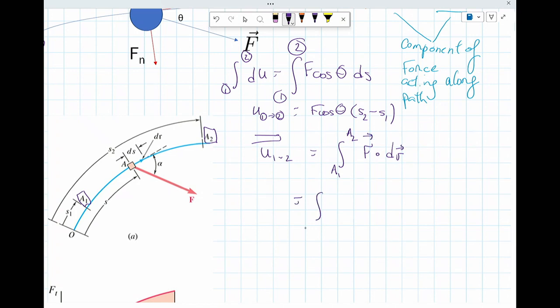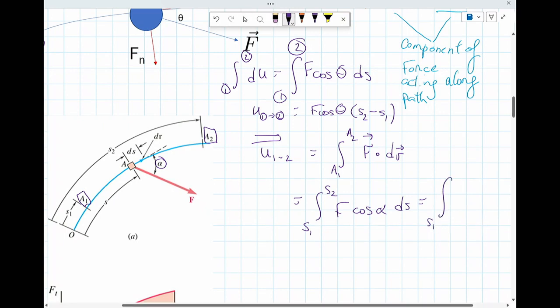And I can just write that as s1 to s2 of f cos of alpha ds, which equals, again, s1 to s2 of ft ds.